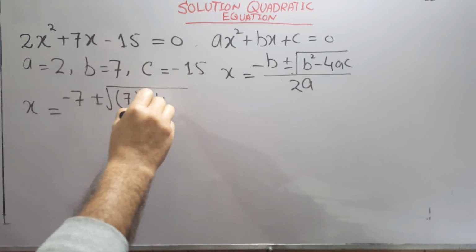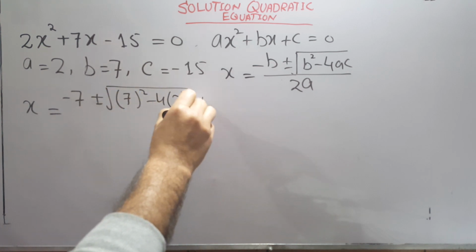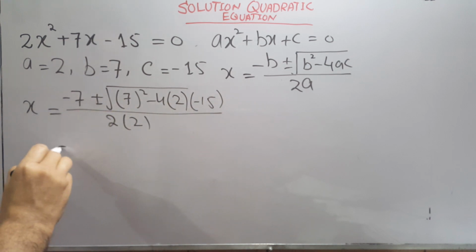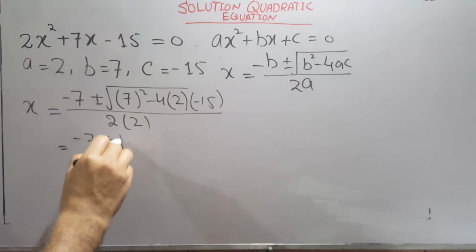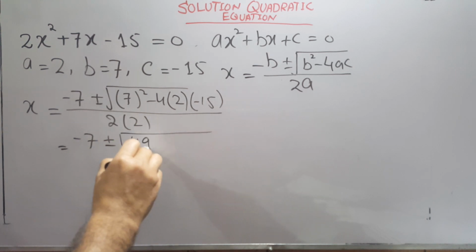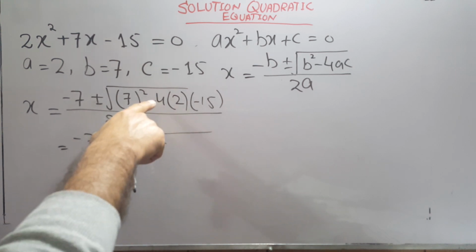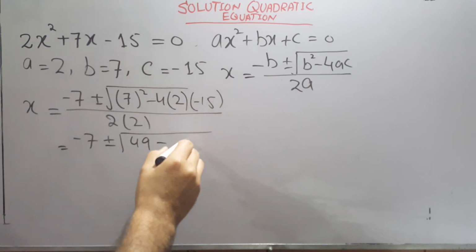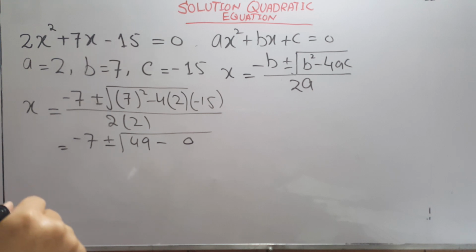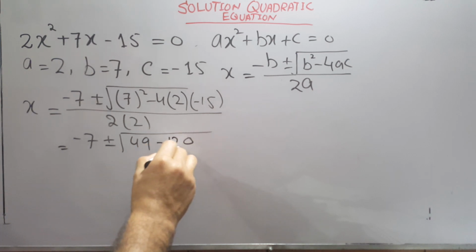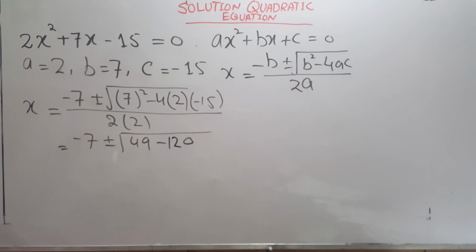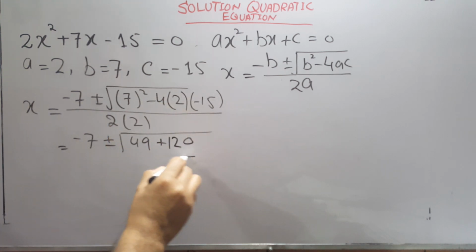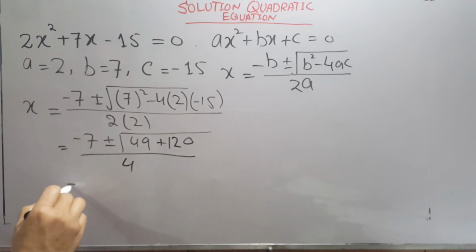7 squared minus 4, where a is 2 and c is minus 15, divided by 2 times a, gives us 49, and minus 4 times 2 times minus 15 is plus 120. Sorry, a minus into minus becomes a plus, and the denominator is 4.